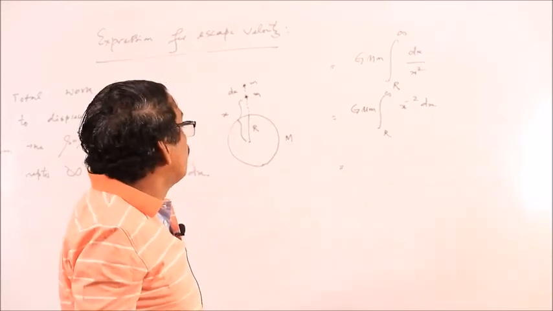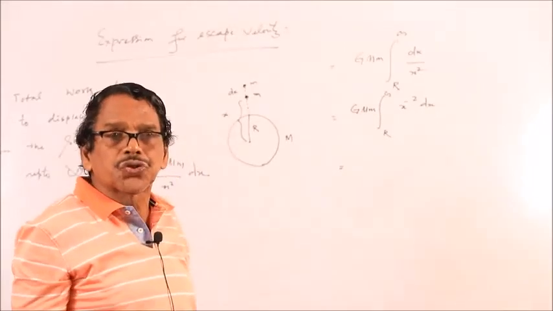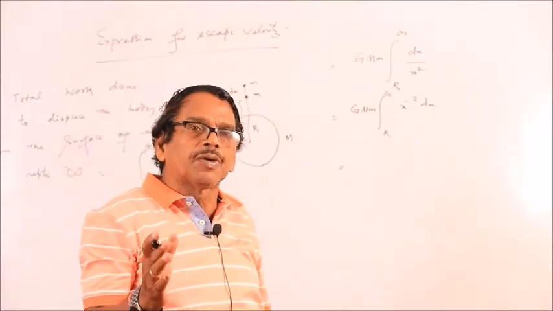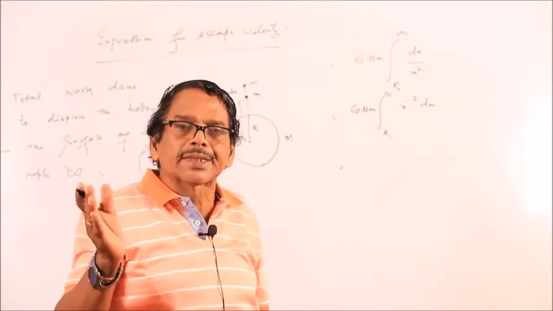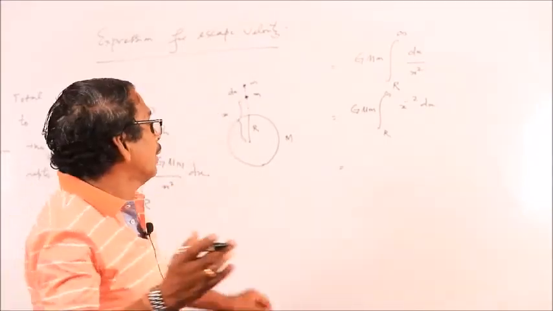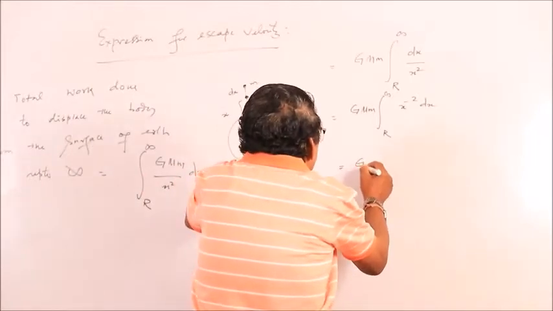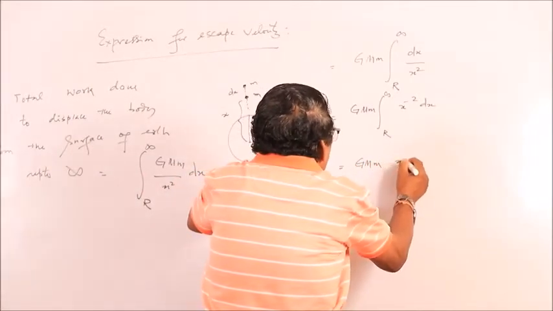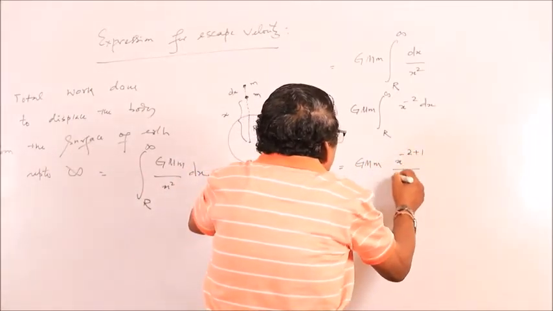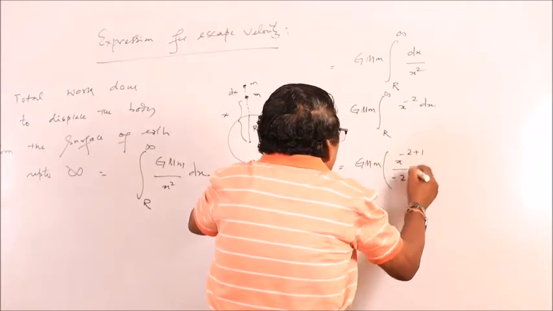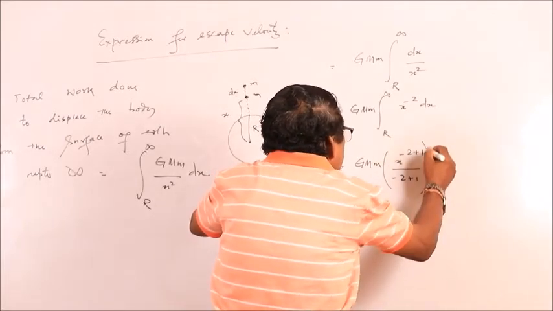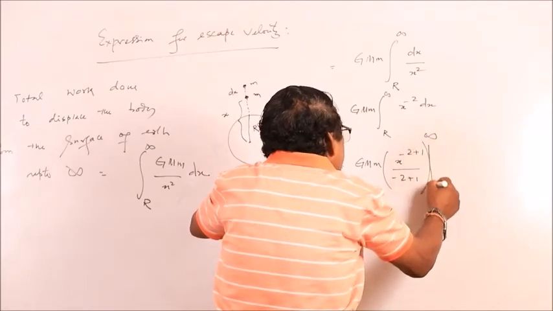So, how to integrate it? X to the power minus 2, then you can put the formula: integral of x to the power n dx is x to the power n plus 1 by n plus 1. So, this becomes G capital M small m, x to the power minus 2 plus 1 by minus 2 plus 1, with limits of integration from R to infinity.